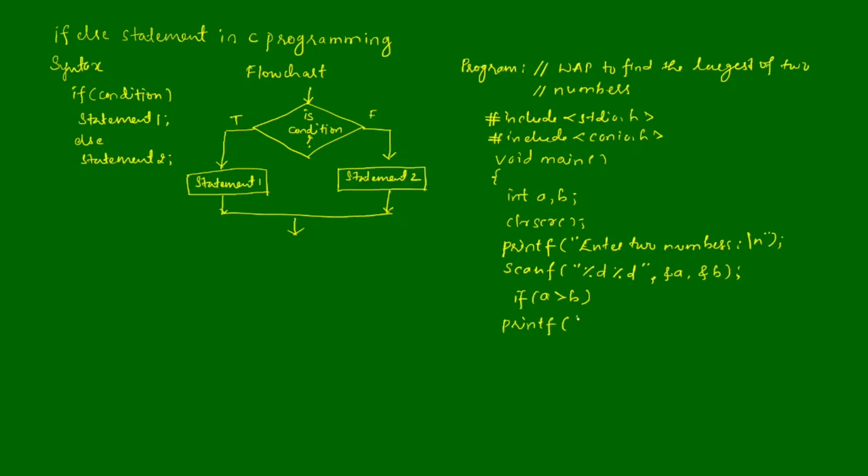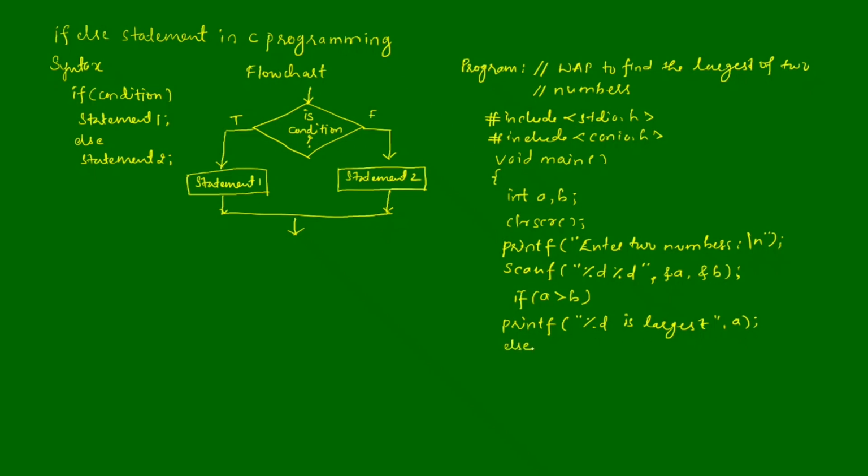I'll write printf in double quotation marks. I'm going to write %d is largest, end the double quotation mark, put a comma, and here we will write a, then a closing bracket and put a semicolon.